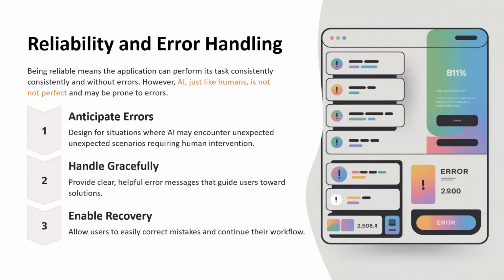So we need to anticipate the errors, right? We need to design for situations where AI may encounter unexpected scenarios requiring human intervention, right? So let's say the model isn't trained on a particular question that the user has asked. We need to prepare for it when we're designing.